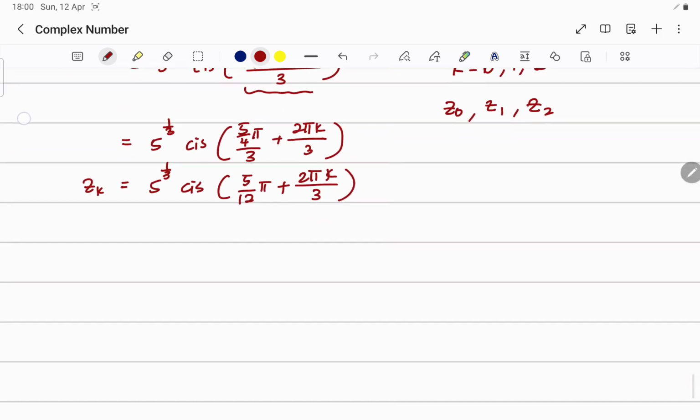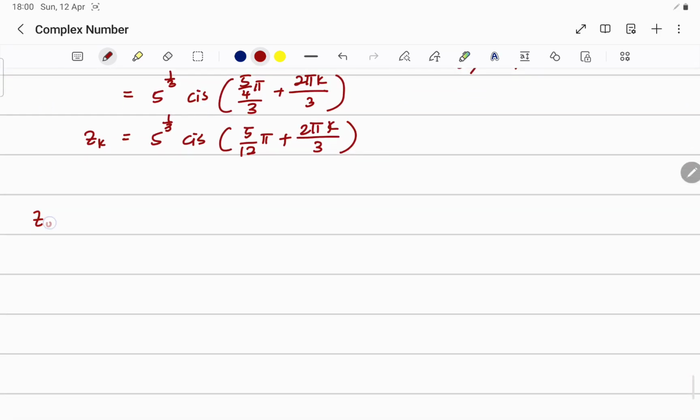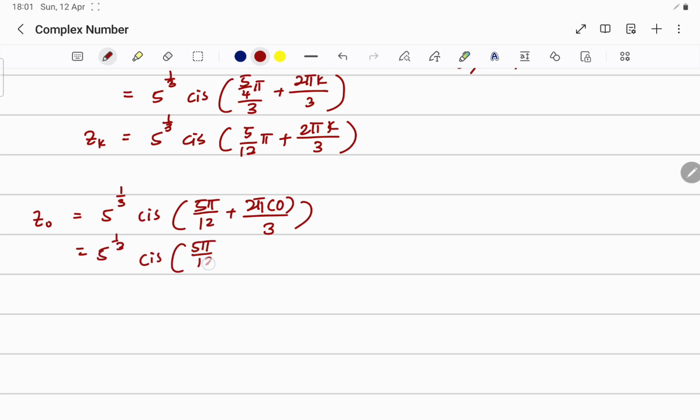Now for z0, you substitute k equal to 0 into the formula. So 5^(1/3) cis 5 pi over 12 plus 2 pi multiplied by 0 divided by 3. So here you will get 5^(1/3) cis 5 pi over 12.